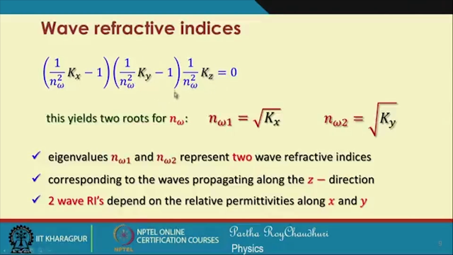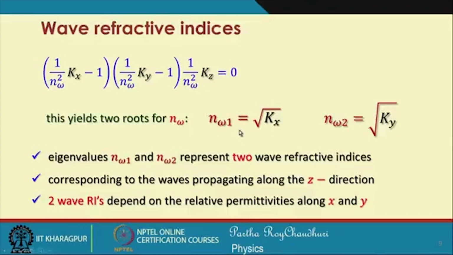So, either this is equal to 0 or this bracketed quantity will be equal to 0. The first one yields that the value of n omega 1 must be equal to under root of kx, and from the second one we find that the value of n omega 2 will be under root of ky. So, we have two wave refractive indices for the case of the wave propagating in the z direction.